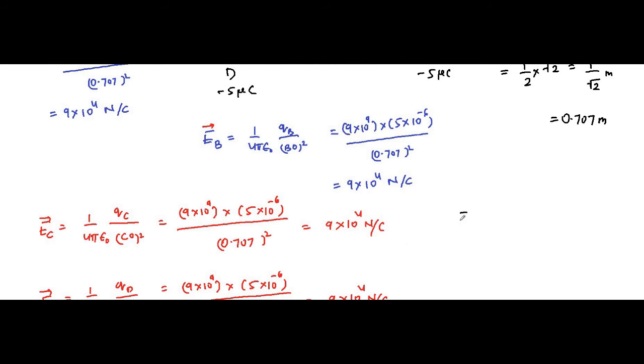EA vector magnitude is equal to EB vector magnitude is equal to EC vector magnitude is equal to ED vector magnitude. All are equal in magnitude, which is equal to 9 into 10 to the power 4 Newton per Coulomb. But direction wise and magnitude wise, EB vector and ED vector are equal because they are equal in magnitude and in the same direction, and EA vector is equal to EC vector.